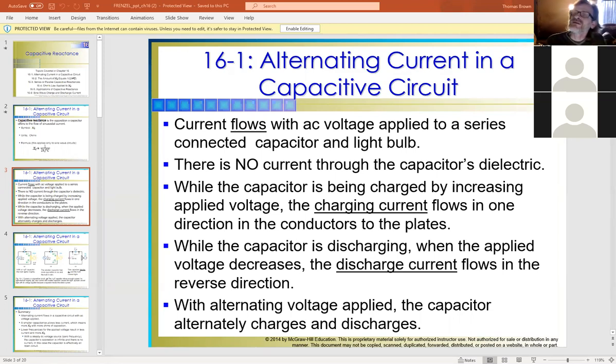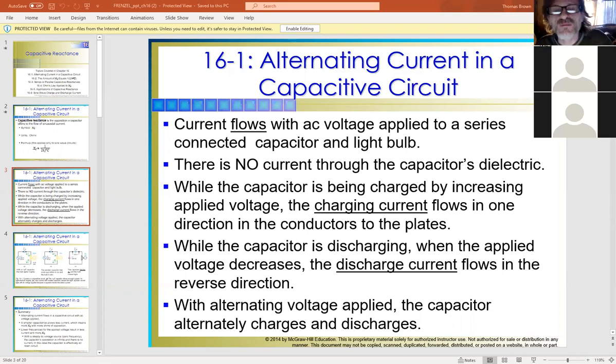With an AC signal, we have both positive and negative alternations. So the capacitor is allowed to charge up during the positive alternations, but it's allowed to discharge during the negative alternations. So the AC signal is actually charging and discharging through the capacitor.